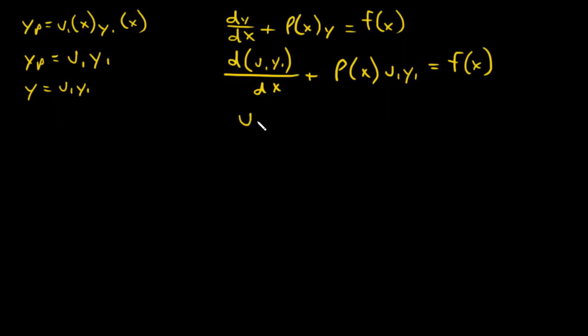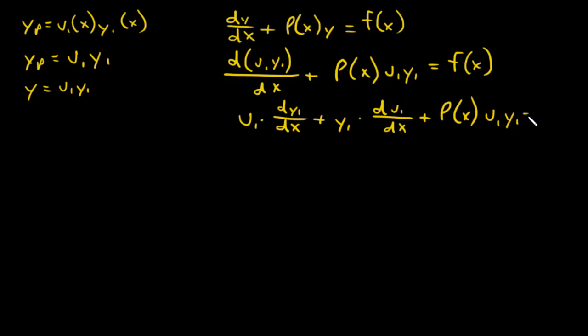So u1 times the derivative of y1, plus the second, y1, times the derivative of the first, du1 over dx, plus p of x u1 y1 equals f of x. Okay?